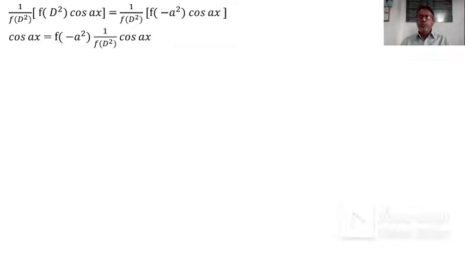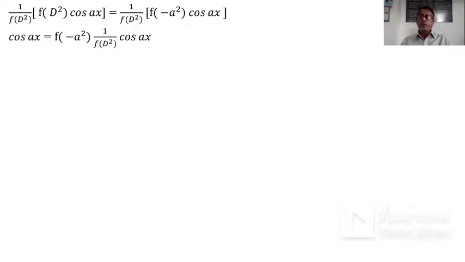We are able to take it outside of this inverse operator and then we obtain f of minus a square into 1 upon f of D square operate on cos ax. But it is given that f of minus a square is not equal to 0.